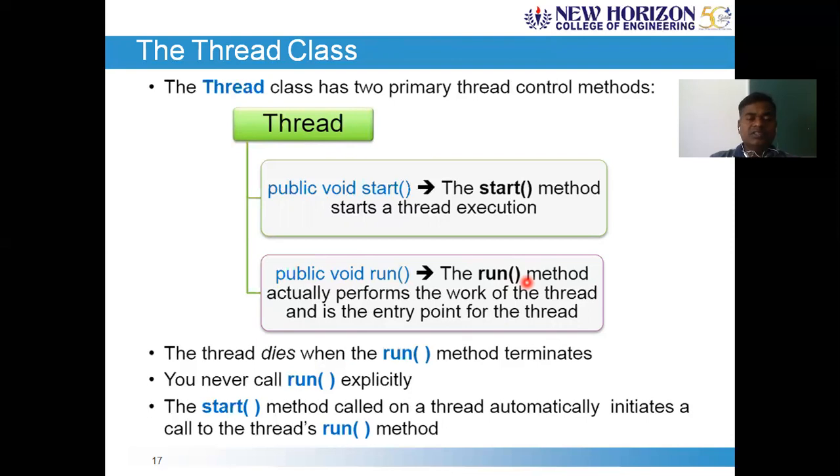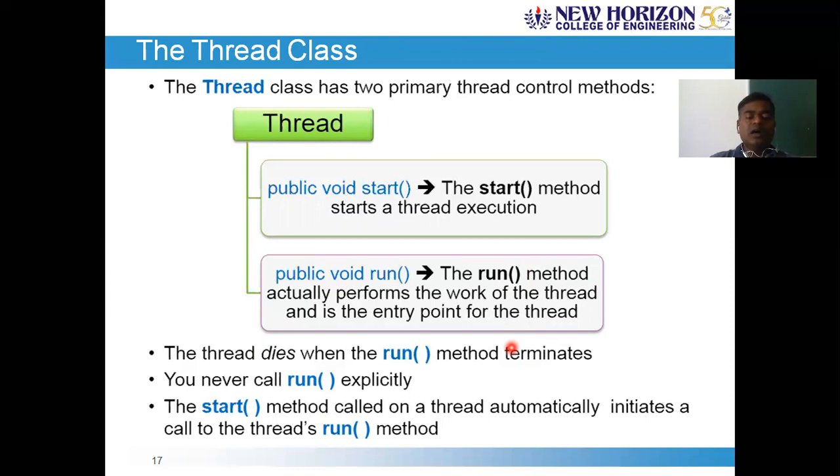And your thread is alive as long as the run method keeps executing. When the run method stops or terminates, your thread is going to die, which means the thread won't be there afterwards.